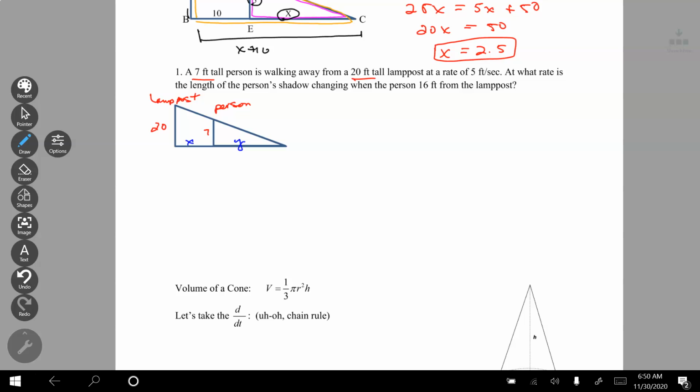So looking at what I have set up, I have 7 over 20 is equal to, well, side 7 goes with side y, and this whole bottom side is x plus y.